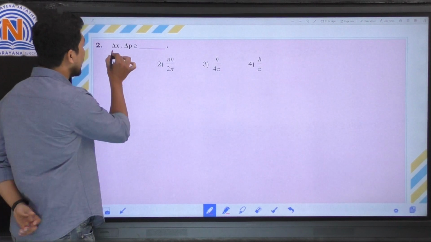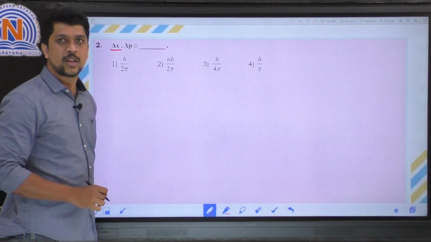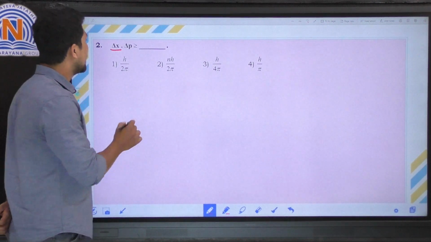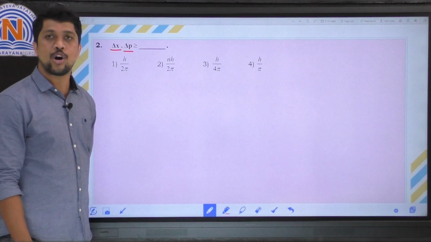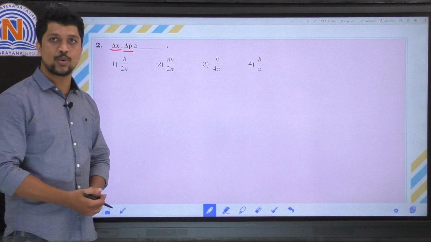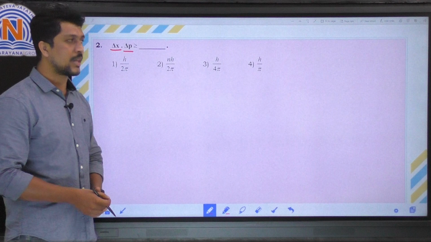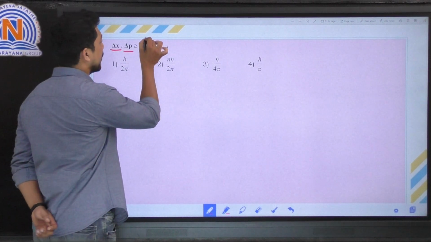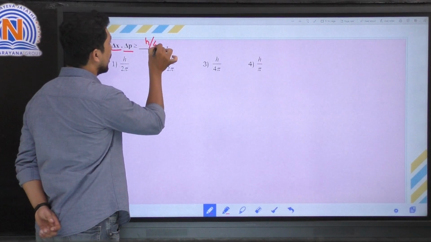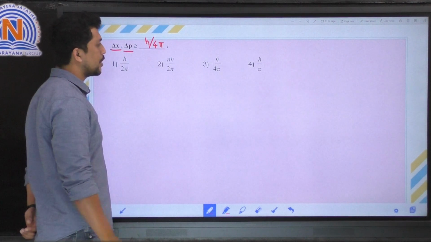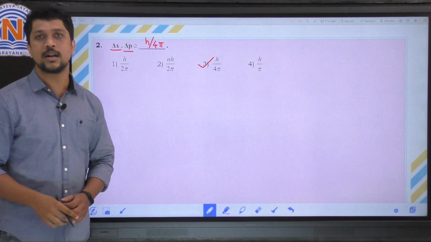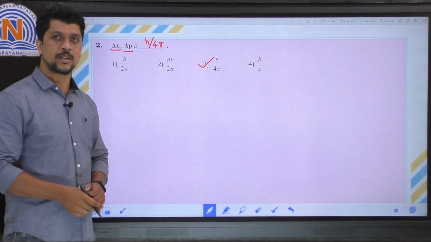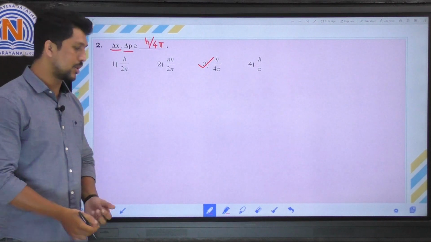In this formula, delta x is the position uncertainty and delta p is the momentum uncertainty. It is always greater than or equal to h by 4 pi. So the correct option is third option, which is the relation of Heisenberg uncertainty principle. Clear? Let's move on to the next question.